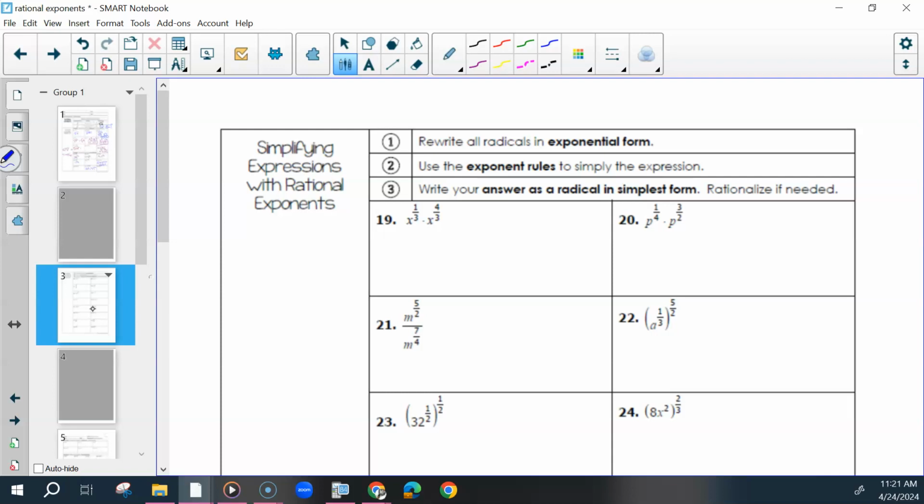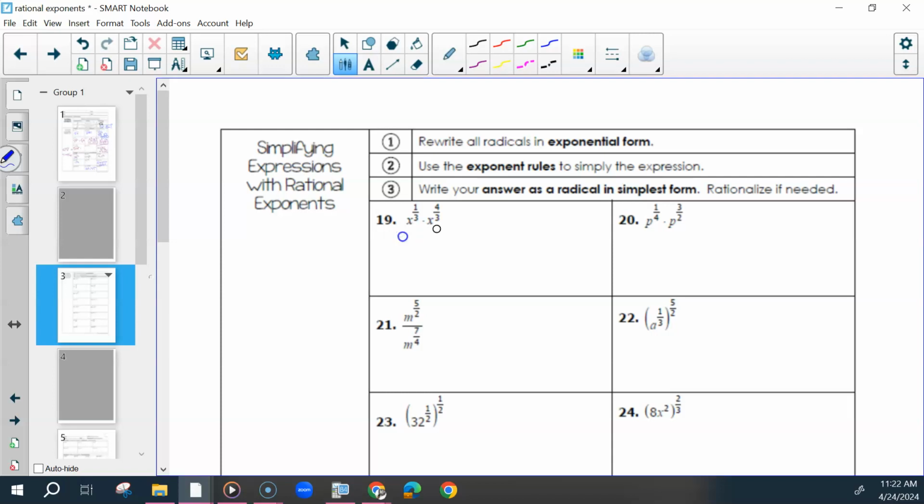If they are, then that's great. If they're not, you want to put them in exponential form, and then use your exponent rules, because we know all of those: the zero, the negative, multiplying, product, quotient, power of a power. Simplify that, write our final answer in radical form, and then simplify it again if needed.